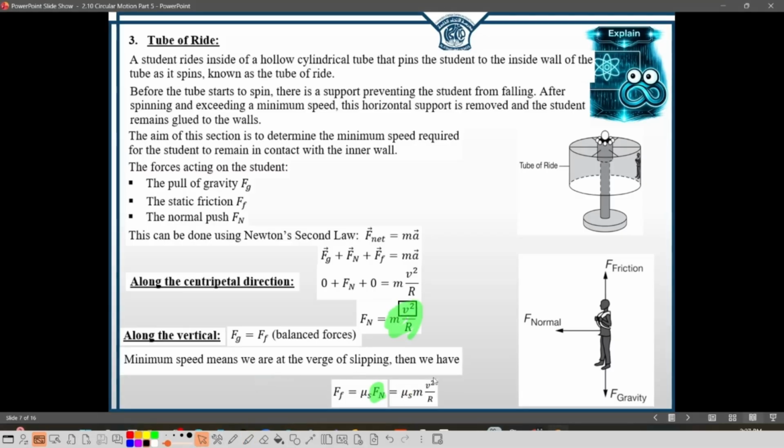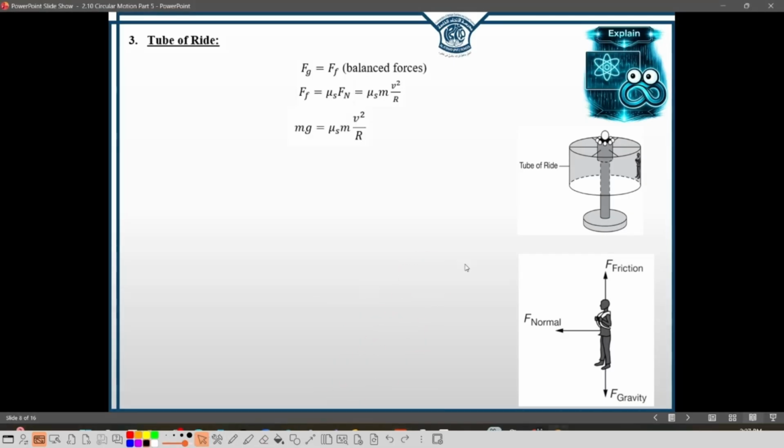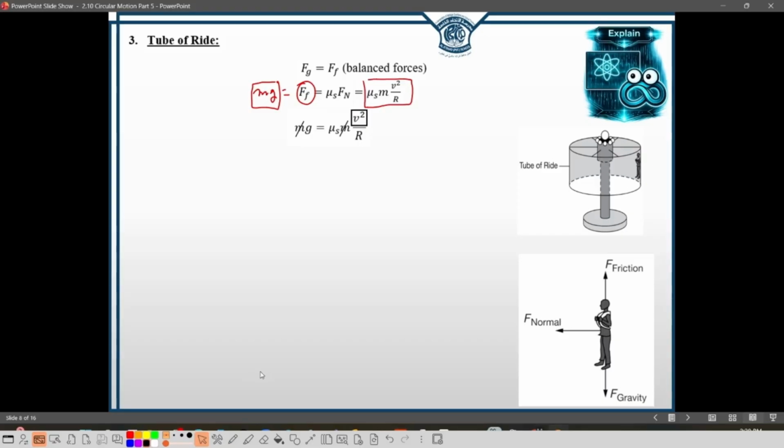So Ff is equal to mu s times mv squared over r. Now, since the Ff is balanced with the Fg, I can replace the Ff with mg. So actually the mg is equal to mu s mv squared over r. This is what we have found here. Now we can cancel m with m, and g is equal to mu s v squared over r.